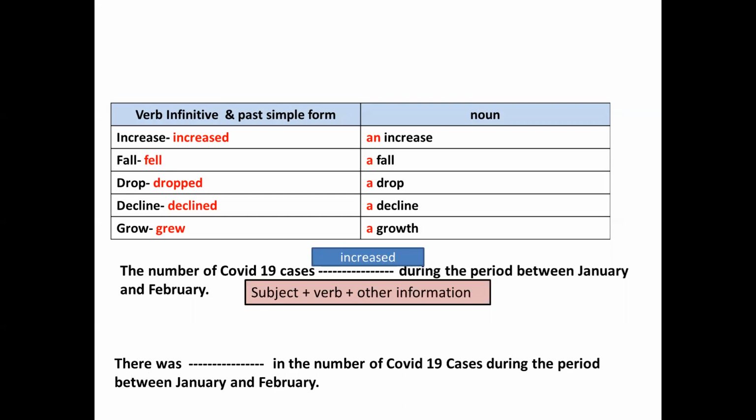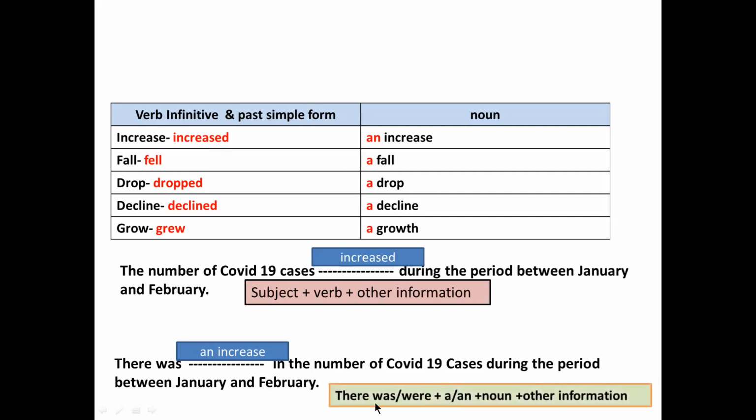Salalah is a beautiful city. Is the be verb. A beautiful city. So it's usually followed by a noun or an adjective and noun. So they're asking you for what type of word form you will use. So there was an increase in the number of COVID-19 cases.